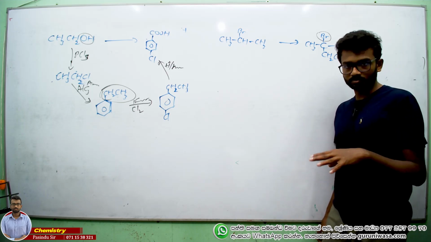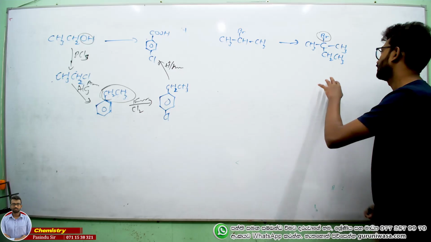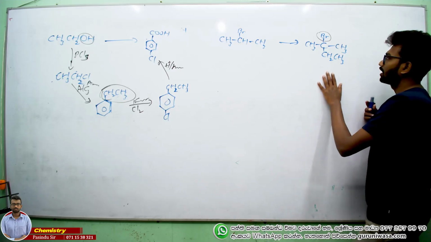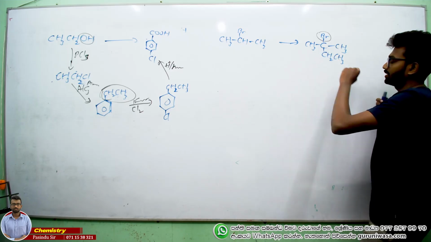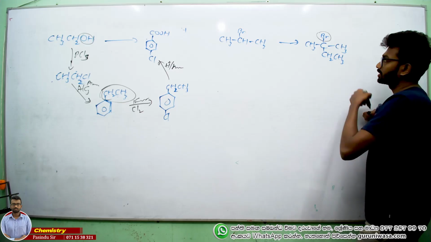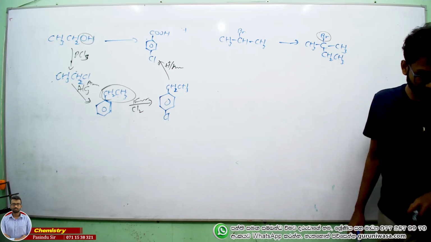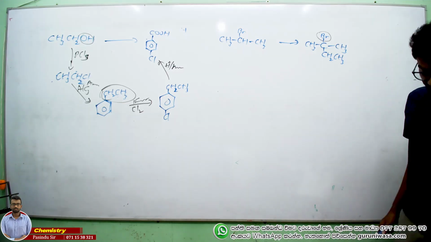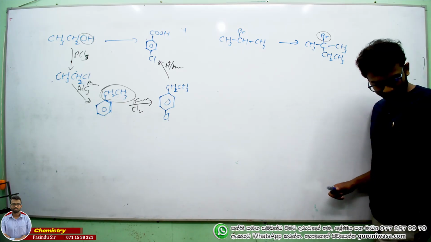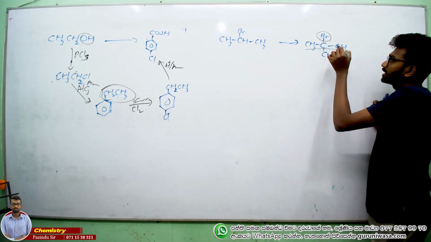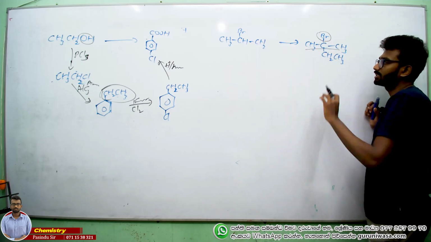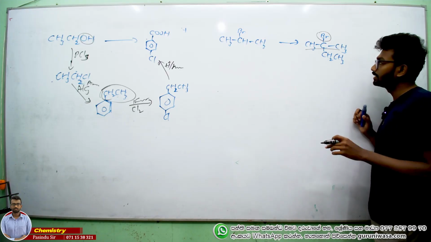That's what I do. So here initially I will first check the carbon chain. So here 1, 2, 3, 3 carbons, that's the initial carbon chain. Then again you can see the same carbon chain here.